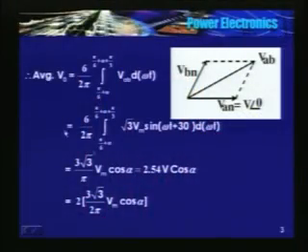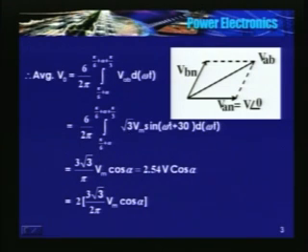We found that when D1 or T1 and D6 or T6 are conducting, the output voltage is VAB. The magnitude of VAB is root 3 Vm sin omega t plus 30. If you simplify this, you will find that it is 3 root 3 by pi into Vm into cos alpha, where Vm is the peak of the phase voltage.